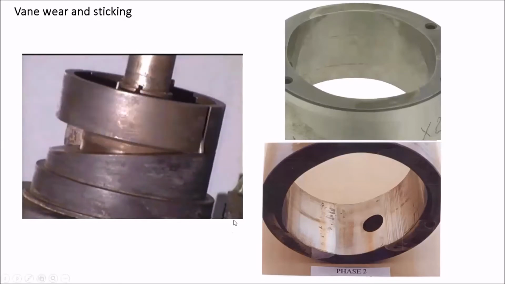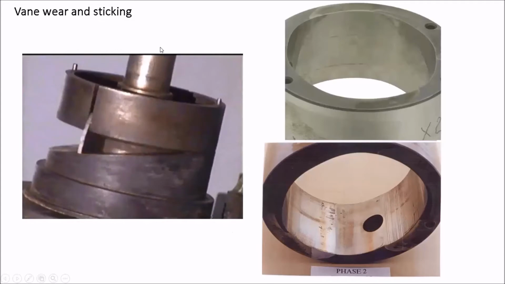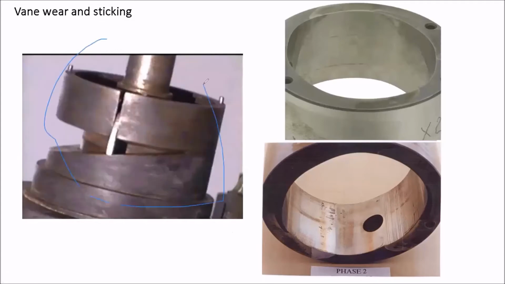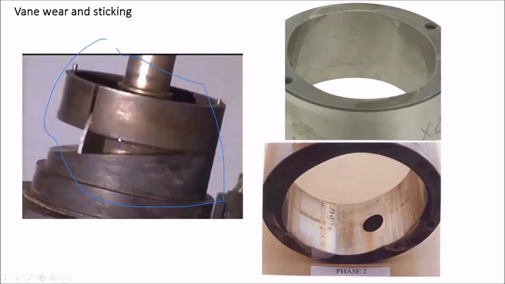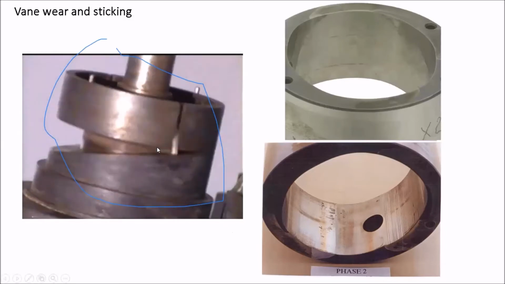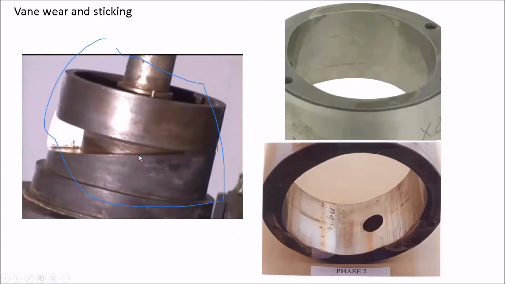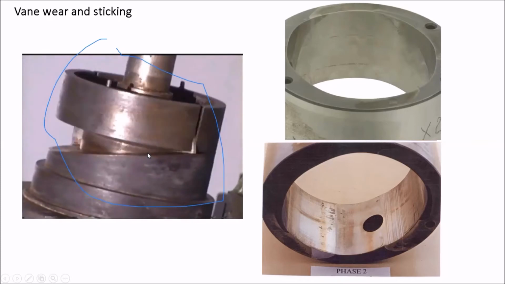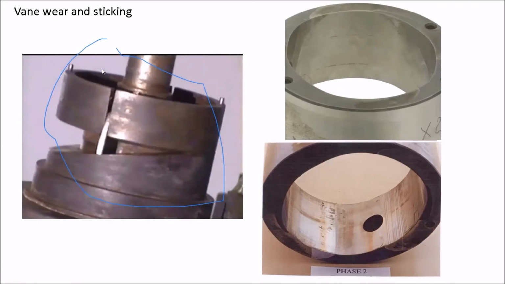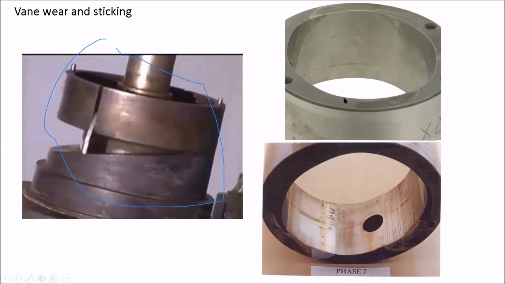You can see here a pump, a rotating pump. When this pump is rotating, let's say for example, you did not provide a good hydraulic oil, or the oil is insufficient, or the temperature of the oil is not appropriate. In such cases, what will happen?